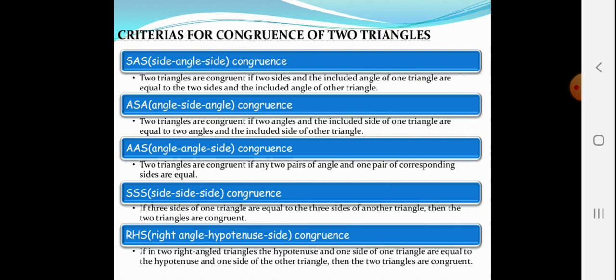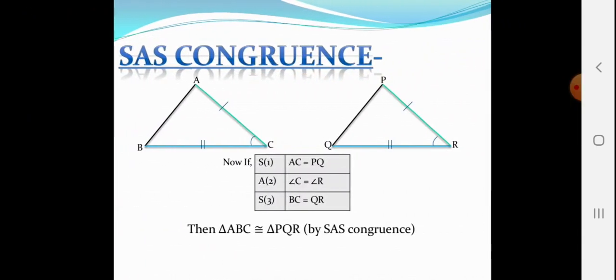RHS congruence, right angle hypotenuse side. That means if in two right angle triangles, the hypotenuse and one side of one triangle are equal to the hypotenuse and one side of the other triangle, then these two triangles are said to be congruent.